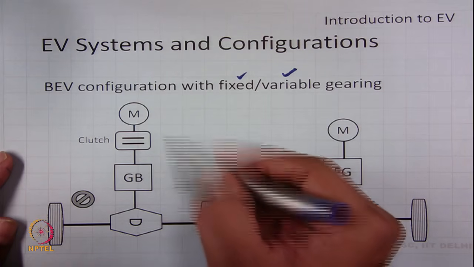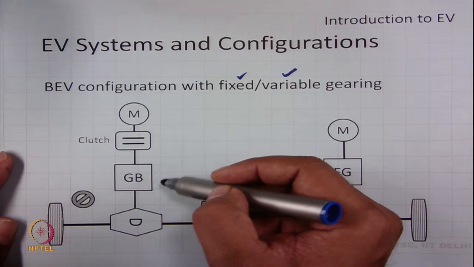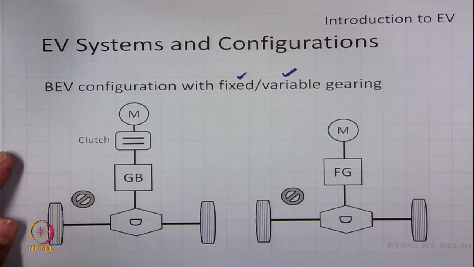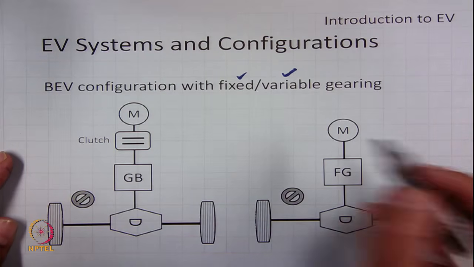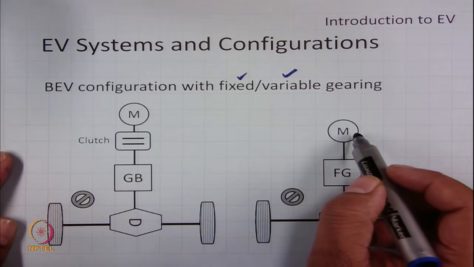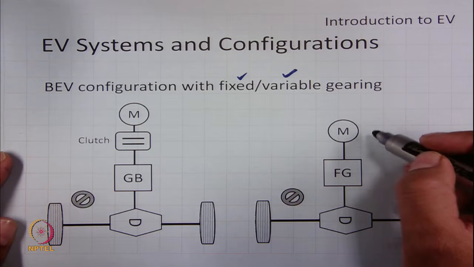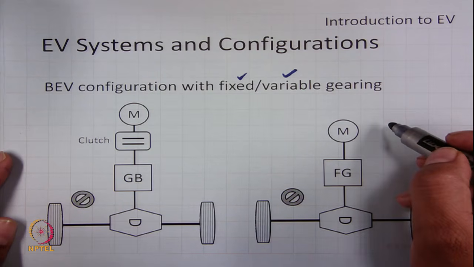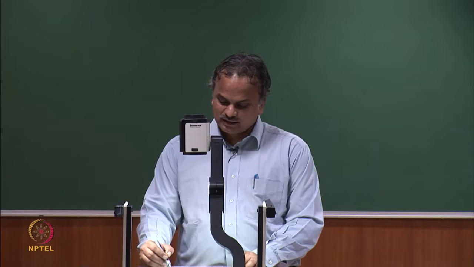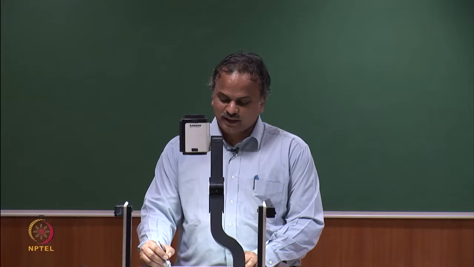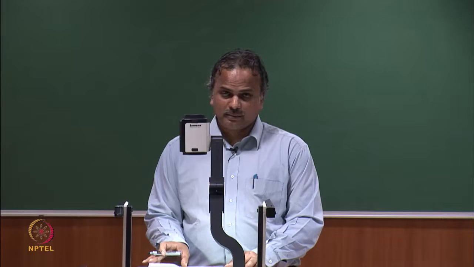So, we all know this is a kind of bulky system with more weight and size, and this is a simple system in terms of weight, but here the motor has to be high performance controlled, and the design of such a motor is also very crucial, because now it has to be designed in such a way that it delivers high efficiency in all speed and torque requirements. So, here the control and the design of such a motor is the complex requirement.